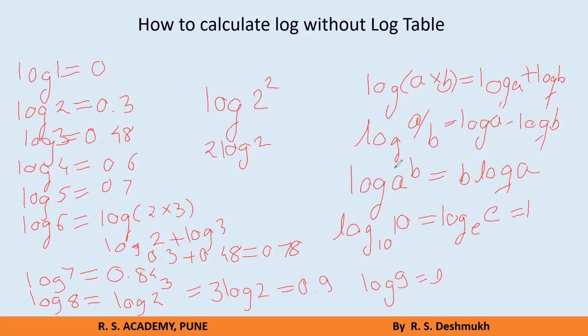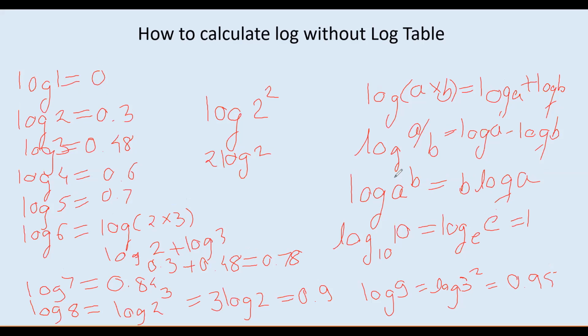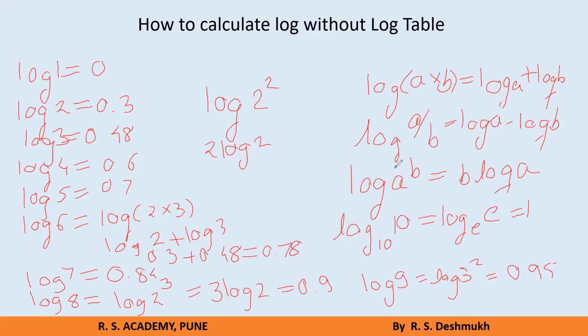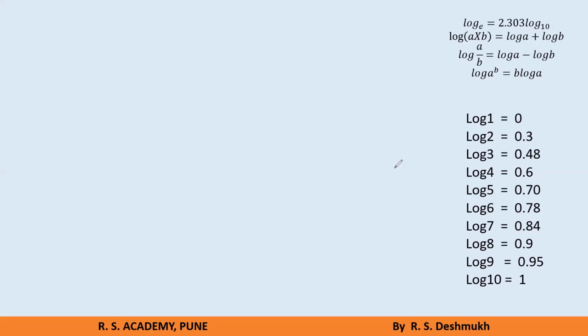Log 9 means log 3 to the power 2, that is nothing but 2 log 3, that is 0.48 into 2, that is 0.96, or it is generally near about 0.95. So dear friends, at least you should know the values from log 1 to log 9. Out of that, as I already said, if you know the value of log 2, then you can find out the values of log 4, log 6, as well as log 8 and log 9.